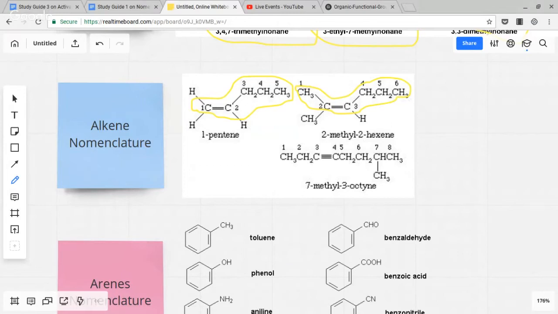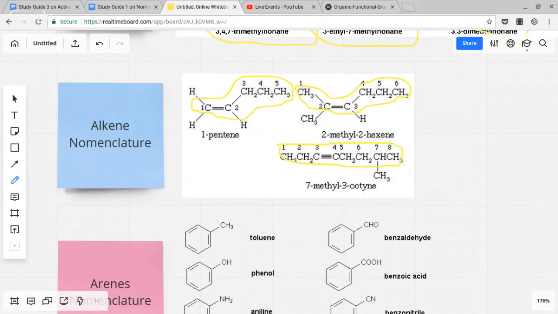If we start on the right, you'll get carbon number 4 here, which is higher. So you opt to start from the left. Numbering from the left, you get carbon 2 for your methyl. So it's 2-methyl-2-hexene. If there's a number, you should separate the number from the name with a dash. Okay, and the last example for alkenes. Your longest here is this, obviously.